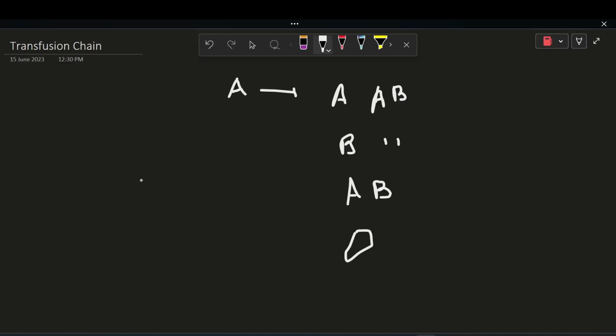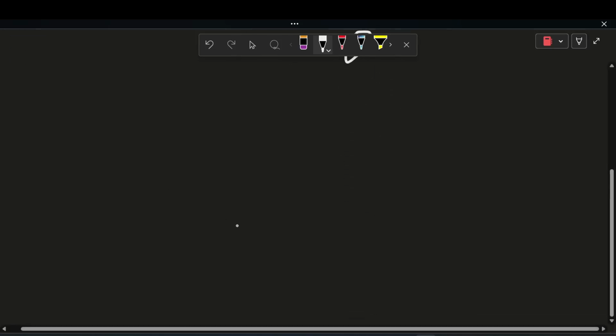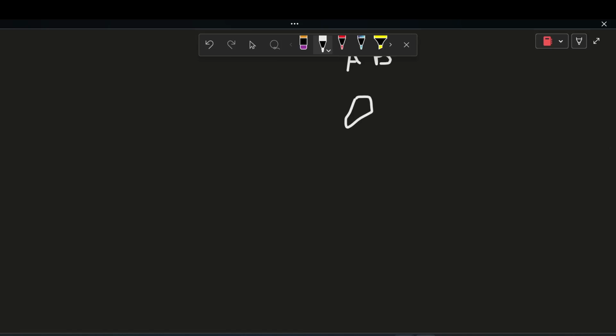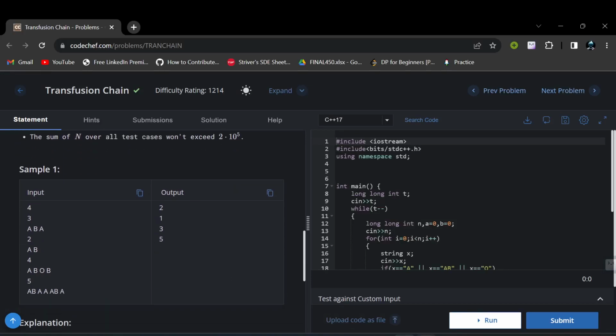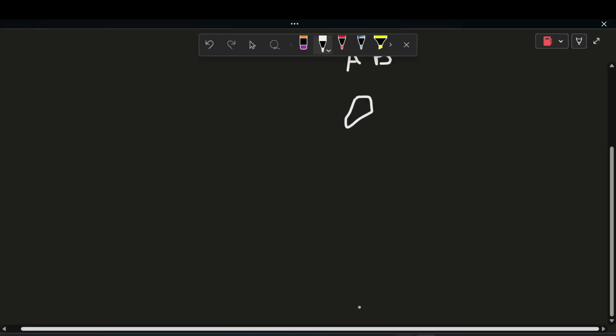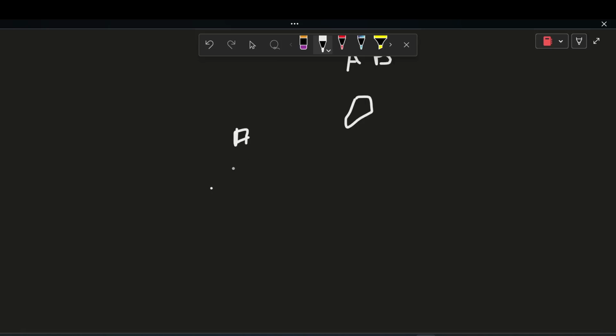Okay. So if we are given a tree, let us assume that the first test case was ABA. Let's create a tree such that A donates to A, and vice versa.